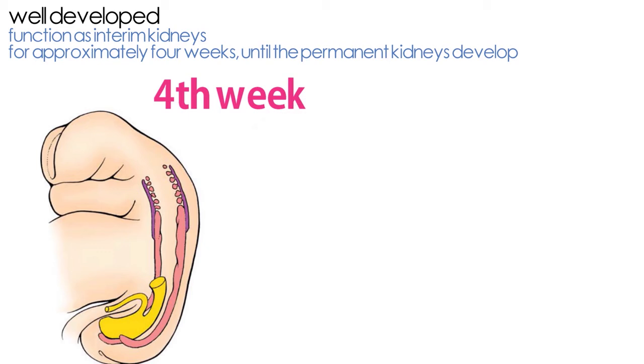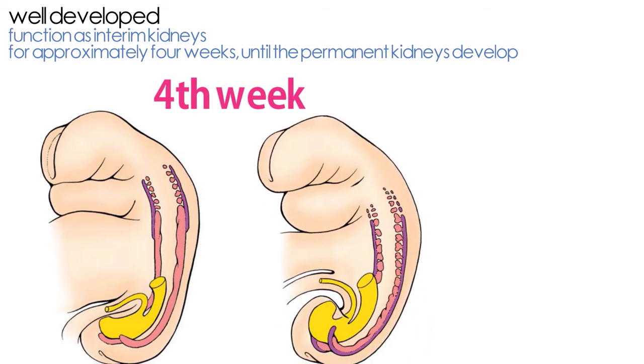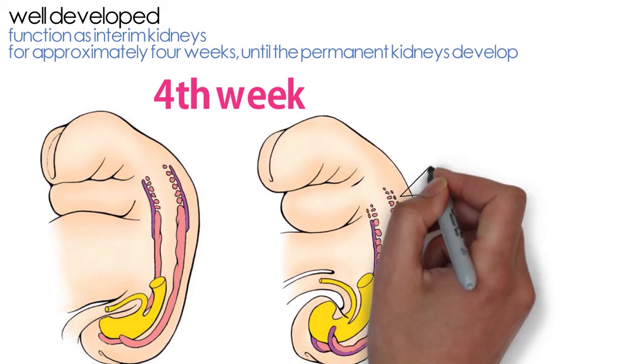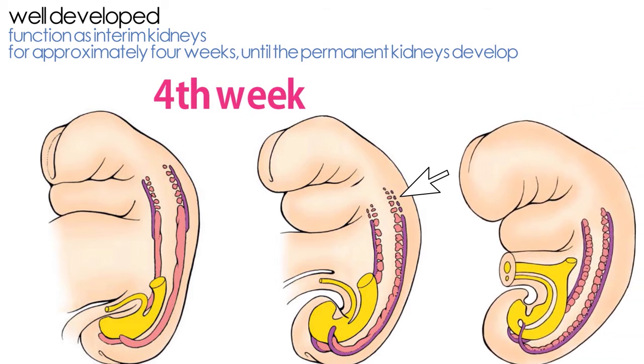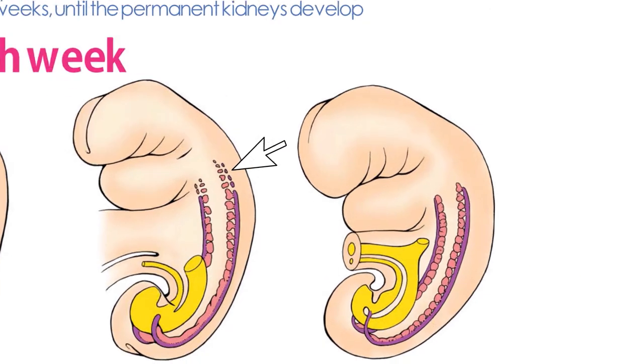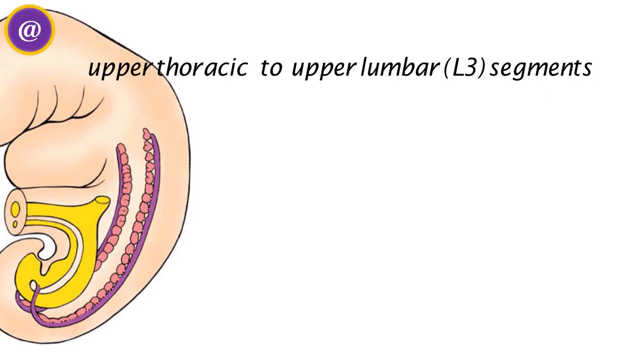During this time, when the mesonephros begin to develop, pronephros are regressing. By the end of the 4th week and the beginning of the 5th week, the mesonephros are almost fully developed. When they are fully developed, they extend from the upper thoracic to upper lumbar region.